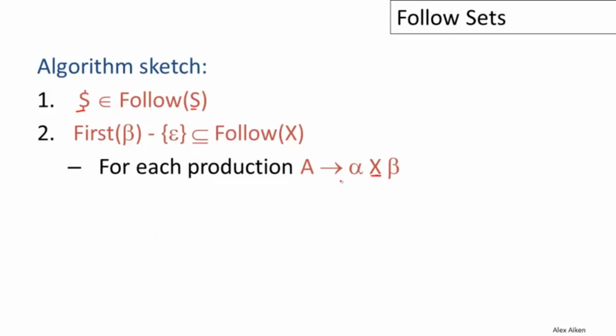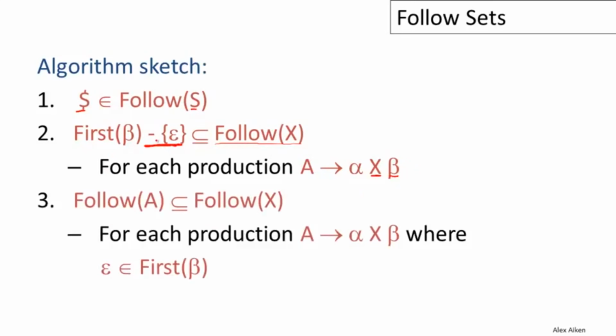The first of beta, the thing that can follow X in this production, will be in the follow of X. And notice that we just subtract out epsilon if it was in the first of beta. We're not interested in epsilons for the purposes of follow sets. Epsilon never appears in follow sets, so follow sets are always just sets of terminals.